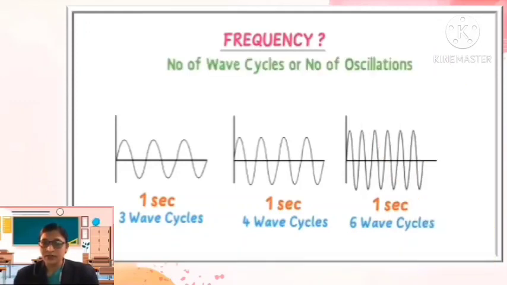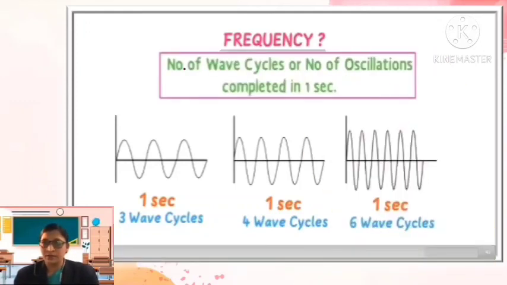In short, we can say frequency is the number of wave cycles, or the number of oscillations completed in 1 second, of that sound wave.